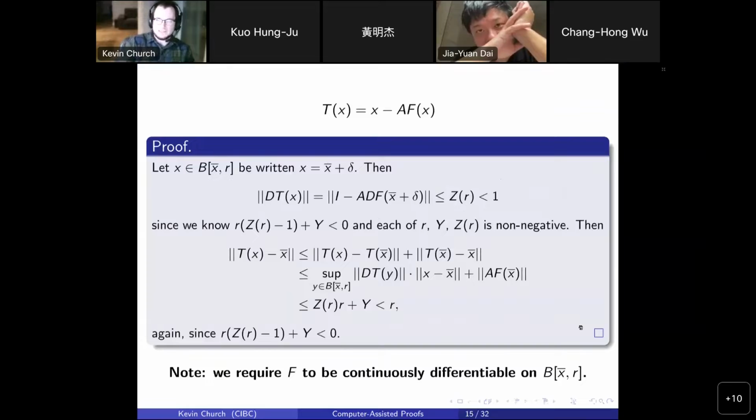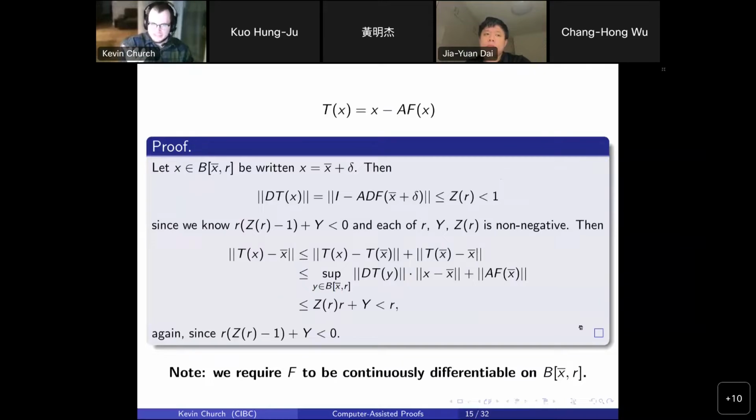So just really quickly, how does this theorem work? It's a very simple three-line proof. It really just amounts to applying the triangle inequality and checking explicitly that T will map this ball into itself, and then showing that it is indeed a contraction, provided that inequality condition is satisfied.